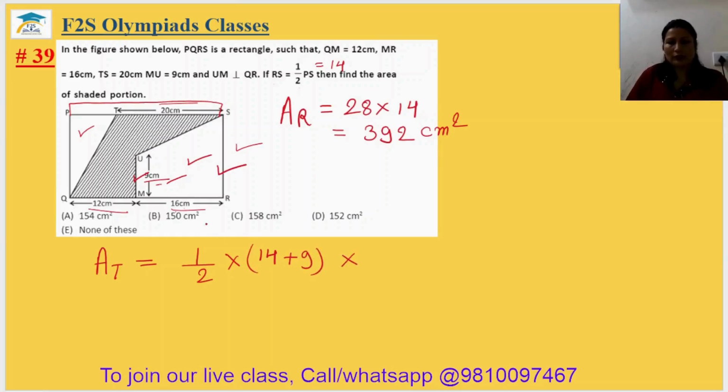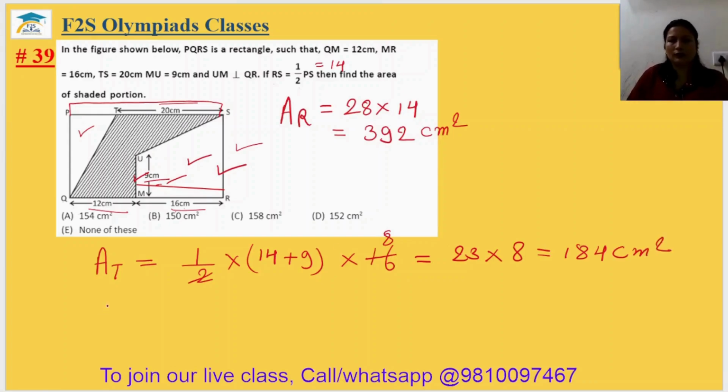Multiply by the length between the parallel sides, that is your 16 centimeter. After simplification 14 plus 9 it will be your 23. So 23 and 2 8s are 16. So 23 multiplied by 8 equal to 184 cm square.